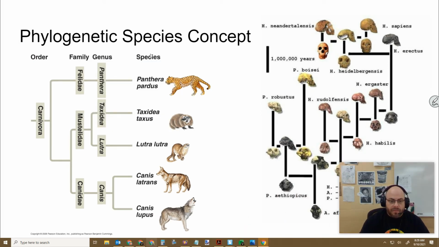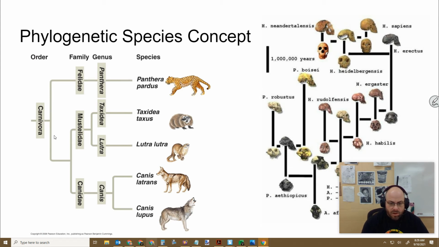All right. So the phylogenetic species concept gives you a broader range of things. You have these groupings that you can see come from other groupings, and it shows more of a broader kind of ancestry. You see an ancestral pattern throughout history, which strongly represents common descent.